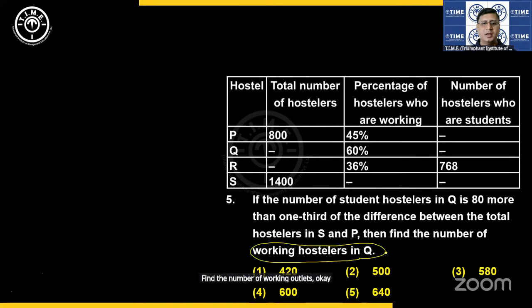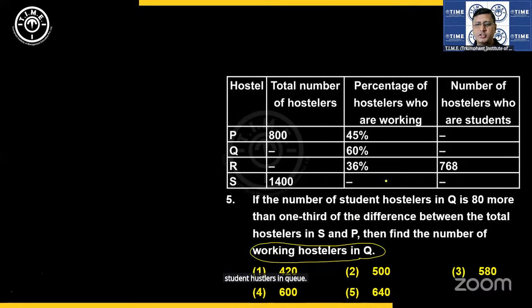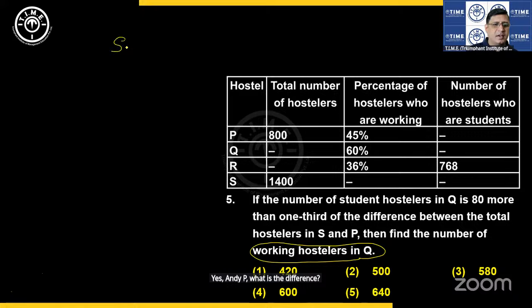If the number of student hostlers in Q is 80 more, how many student hostlers are here? It is 80 more than 1/3 of the difference between the total number of hostlers in S and P. S and P are 1400 and 800.